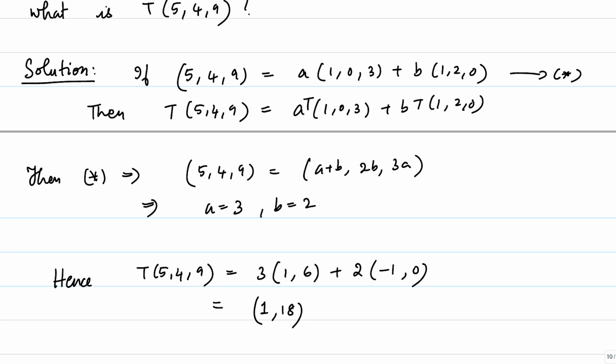And we checked whether (5,4,9) is in the span of this, or is in W. Then we looked at T restricted to W, and we should check that (1,0,3) and (1,2,0) are linearly independent, and hence they form a basis.